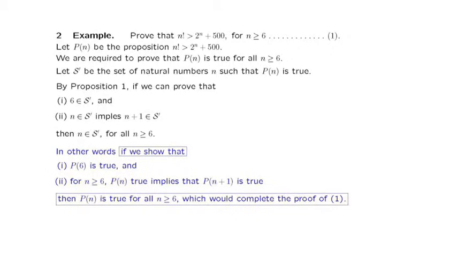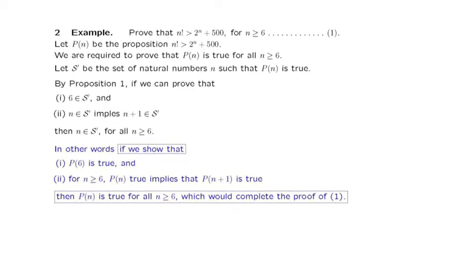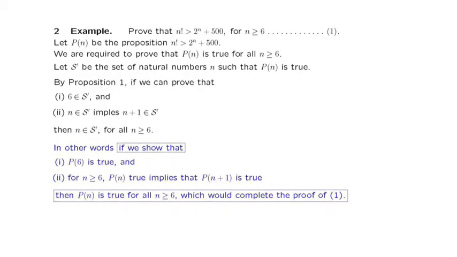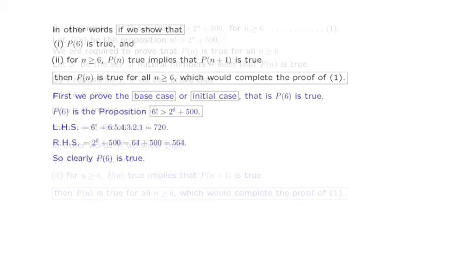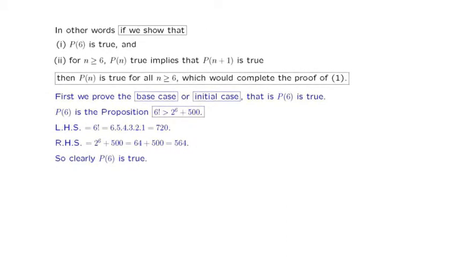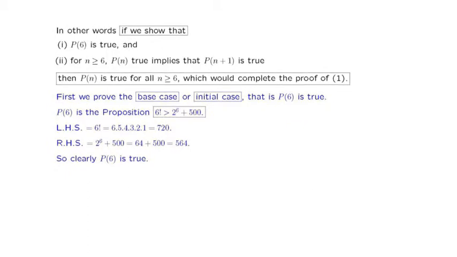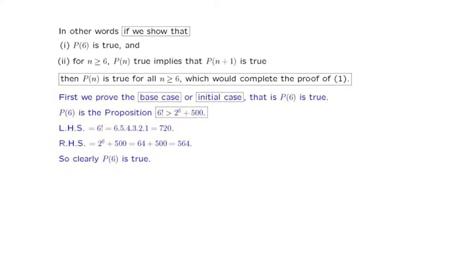And this would complete the proof of statement 1 and hence prove the result. First, we must prove the base case or the initial case. That is, we must prove that P6 is true.